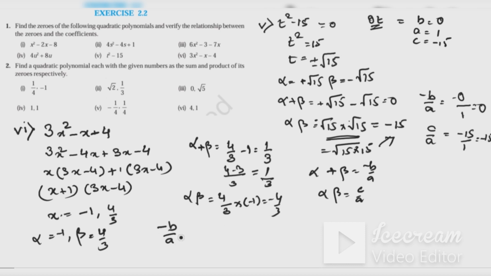Minus b by a is how much? Minus b is minus of minus 1 by 3, which is 1 by 3, which is equal to alpha plus beta, and c by a is minus 4 by 3, which is alpha beta. So here also I get this particular relation.